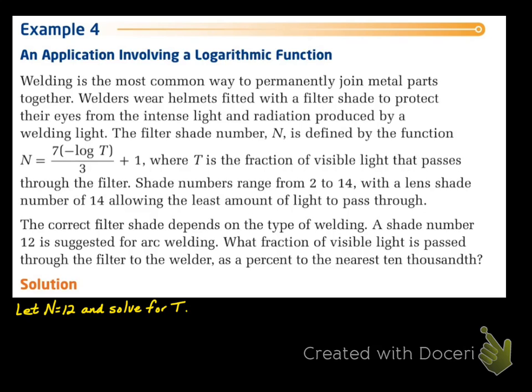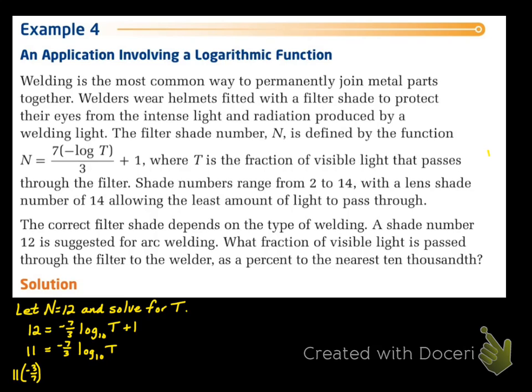Well, since we're having a filter of 12, we're going to let n is equal to 12, and then we're going to solve for t. If we substitute, you're going to get 12 is equal to -7 over 3 times the log of t plus 1.